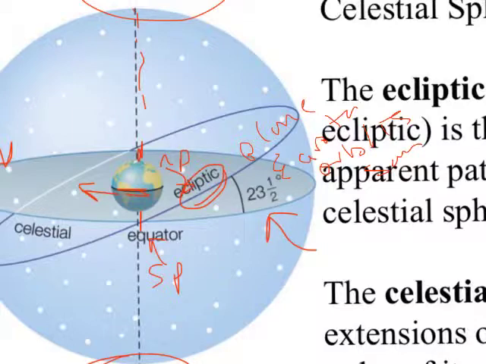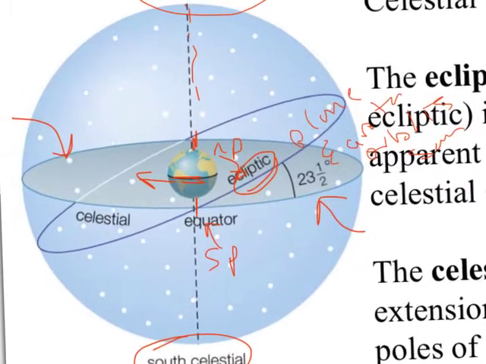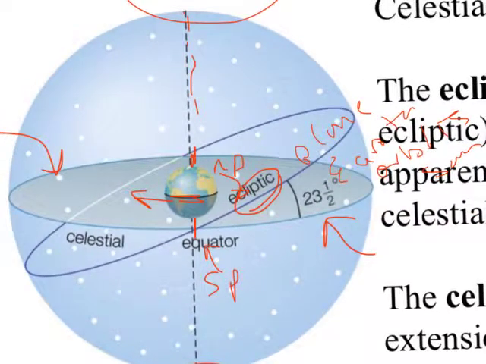I know it doesn't work this way, but can you see where these little circles here are the sun throughout the course of the year? From this model perspective, the sun appears to move on that line. And that line, not coincidentally, is tilted 23.5 degrees, the same tilt as the Earth's axis of rotation from being perpendicular as it orbits the sun.